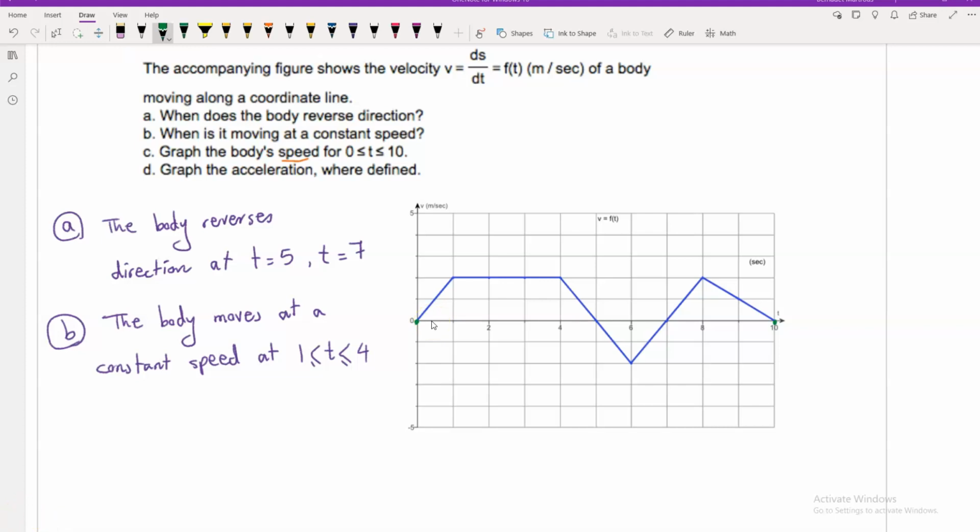So as we go from 0 to 1, so this point is 1, the velocity increases by 2 meters per second. So this part increases. The slope of that line, which is the acceleration, is 2.